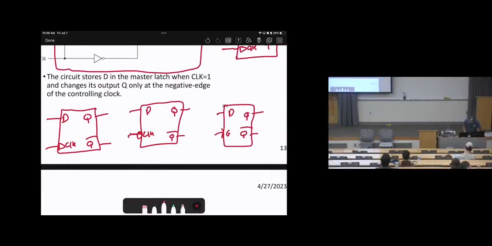Okay, so the first one is a D flip-flop with rising edge, or positive edge sometimes we call it. The other one, I forgot to write the triangular shape here.